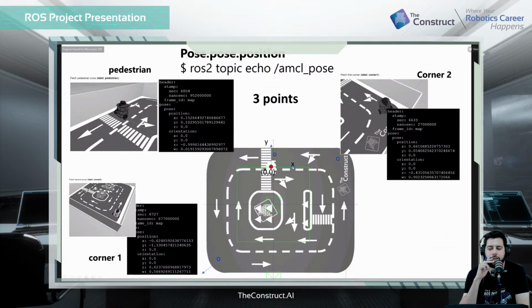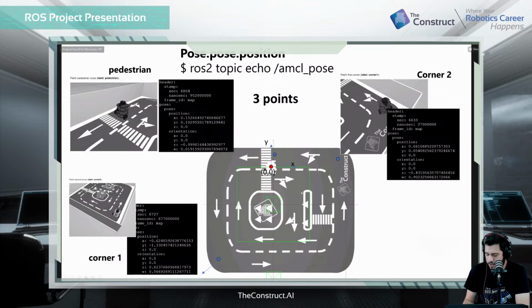Going left and up becomes positive values, so corner one will be negative x, negative y, around minus 0.62 and minus 0.13. Then point two will have positive values, and the pedestrian will be right above the center point.